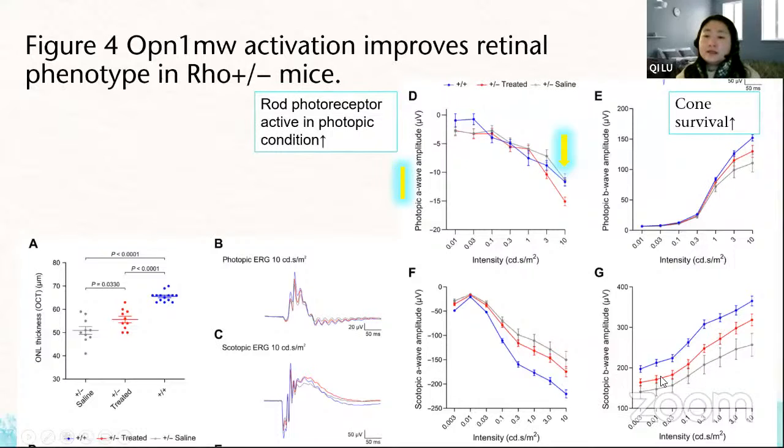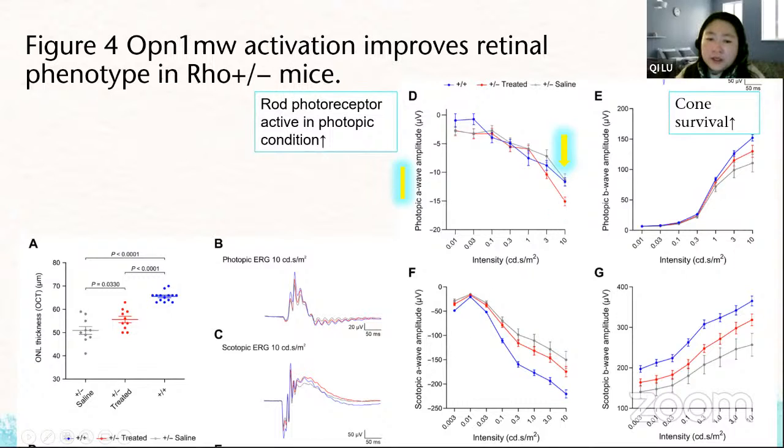So the response of the treated is just between the response of the wild-type control and the saline untreated negative control.